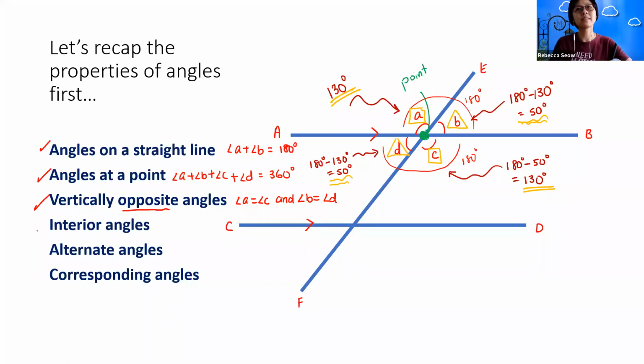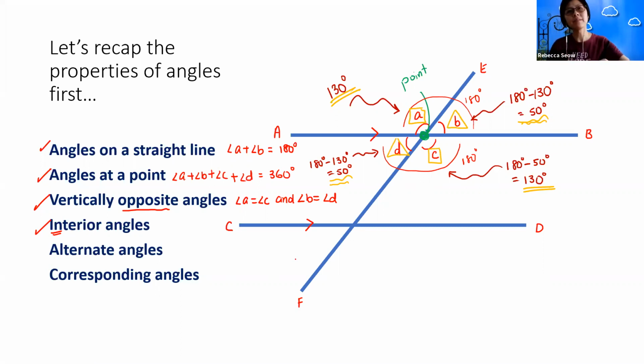Now, next, we're going to move on to interior angles. Interior angles refers to angles that are inside something. Inside what? Now, it's actually angles that are in between a pair of parallel lines.